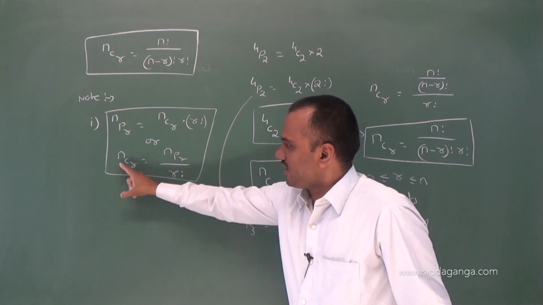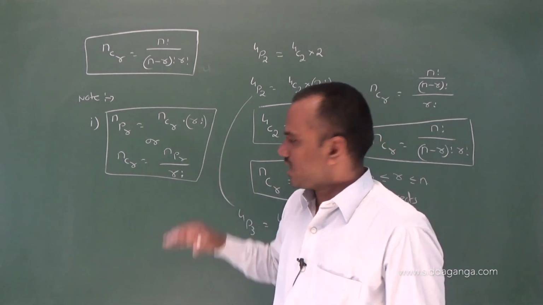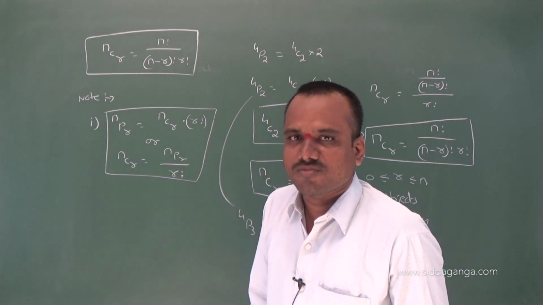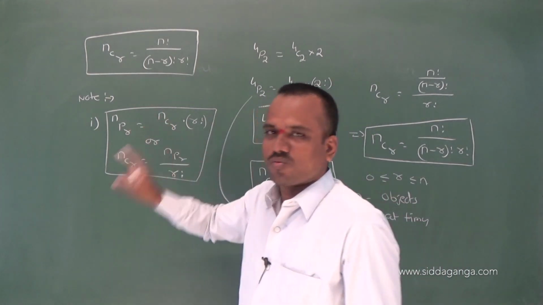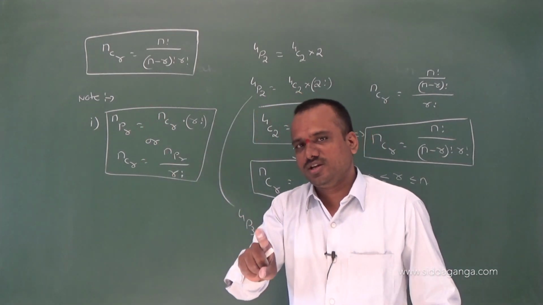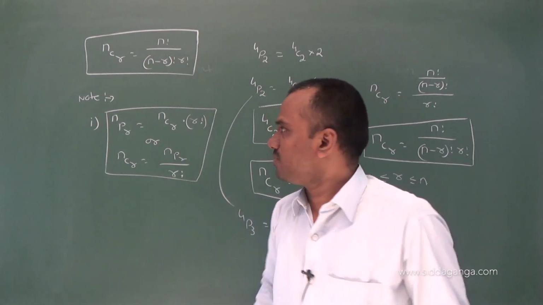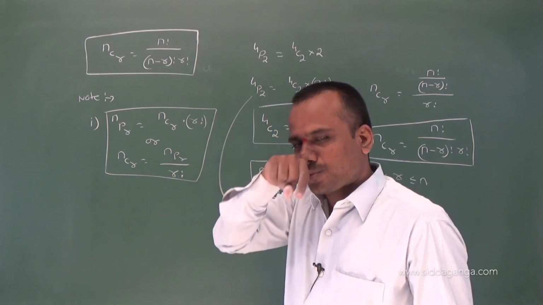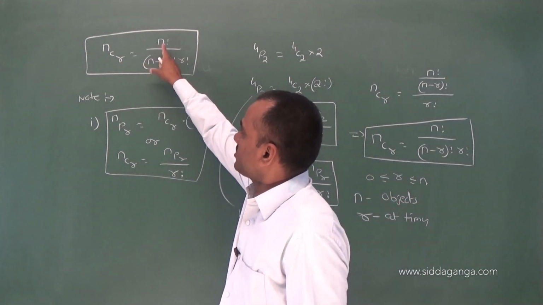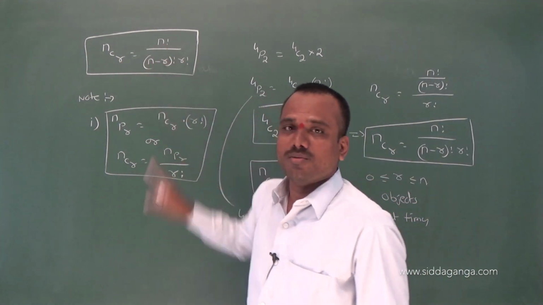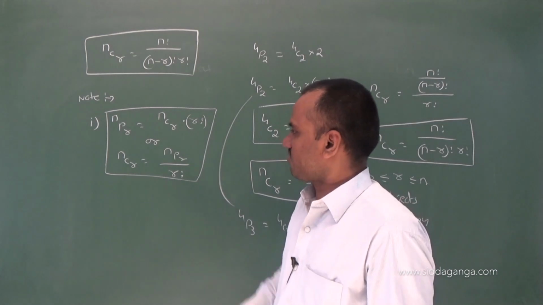This is note number 1. The formula for combination is nCr equals n factorial divided by (n minus r) factorial into r factorial.